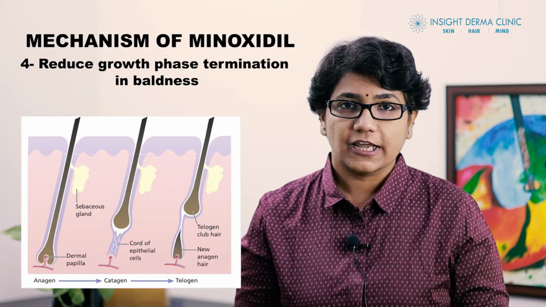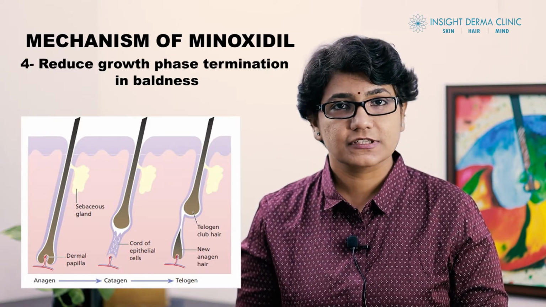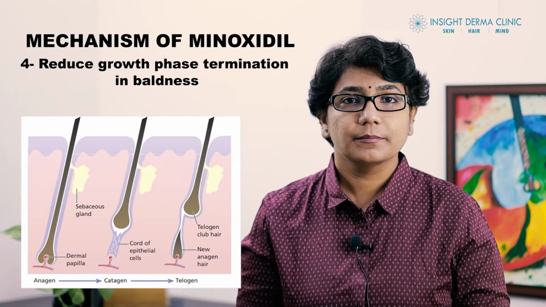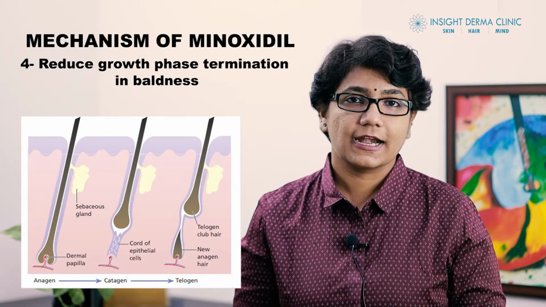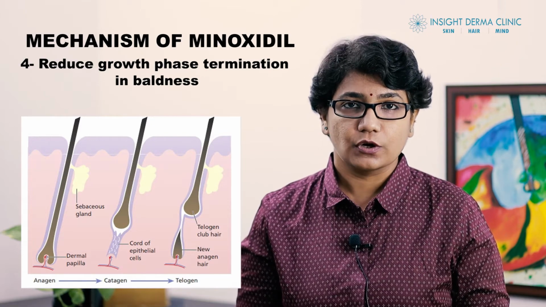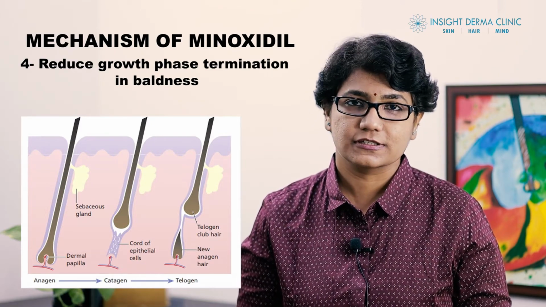At one point, when the falling stage is higher than the growing stage, you see visible hair fall. So what does minoxidil do here? Minoxidil prevents the premature anagen termination. So the anagen phase prolongs and the telogen phase stops. So the hair fall reduces.